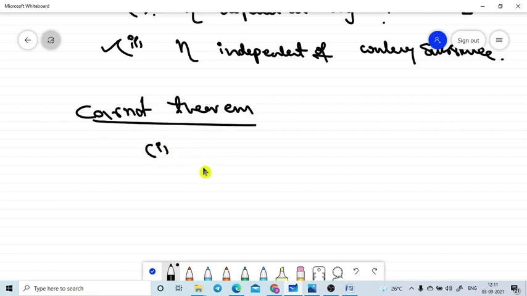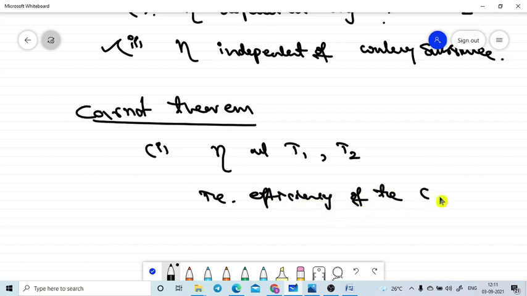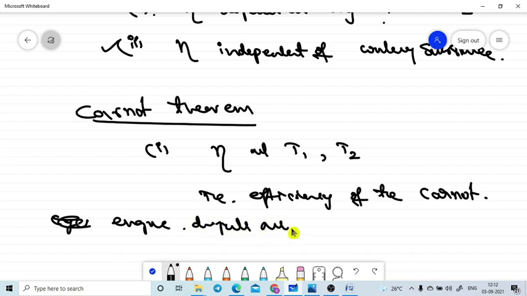The first one: the efficiency of the Carnot engine depends only on the source temperature T1 and sink temperature T2.